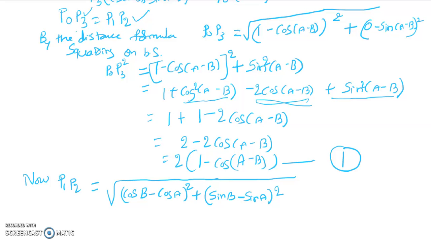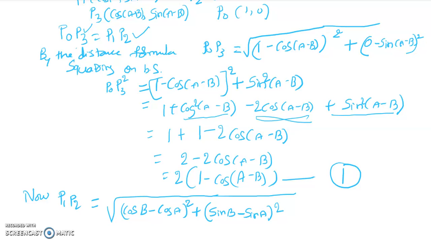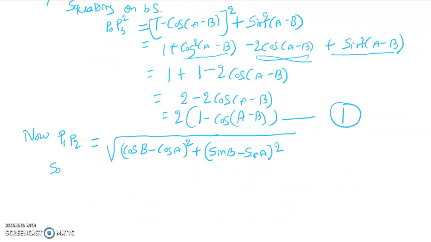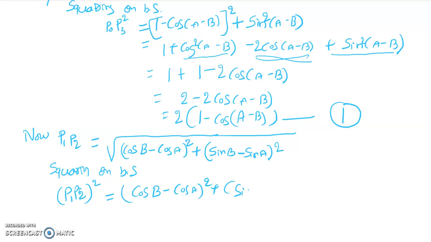In order to avoid that root, let me square on both sides. P1P2 distance square is equal to, this root will be gone, I get (cos B minus cos A) the whole square plus (sin B minus sin A) the whole square.